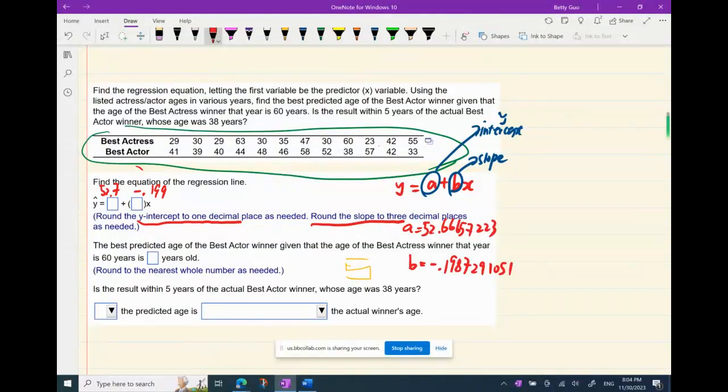Right? And the next part of this question is very, very important. It's kind of tempting. You are going to enter x equals 60 here to find the y hat, right? But we should not be that careless. Why? Because we don't know if the model is a good model or not.